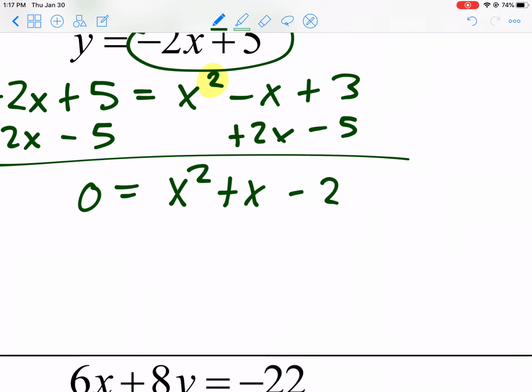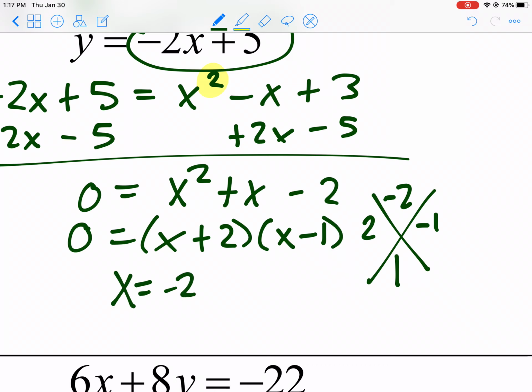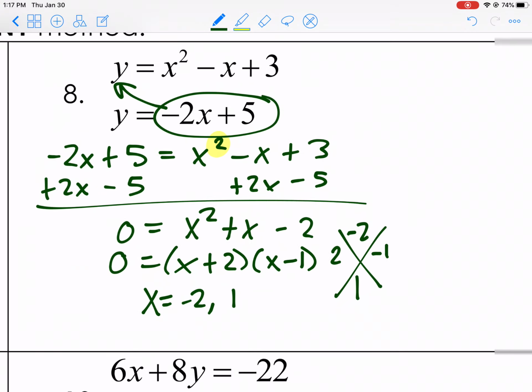Okay, then we would factor. a times c is -2, b is 1. What times what would be -2, but when we add it we get 1? I think it would be 2 and -1. So we have 0 equals x plus 2 and x minus 1. So our solutions would be -2 and 1.